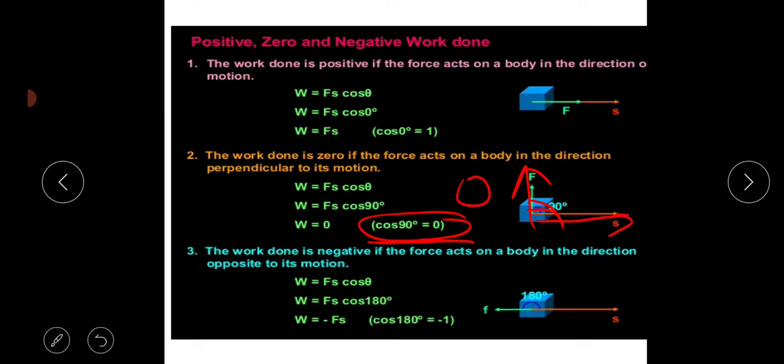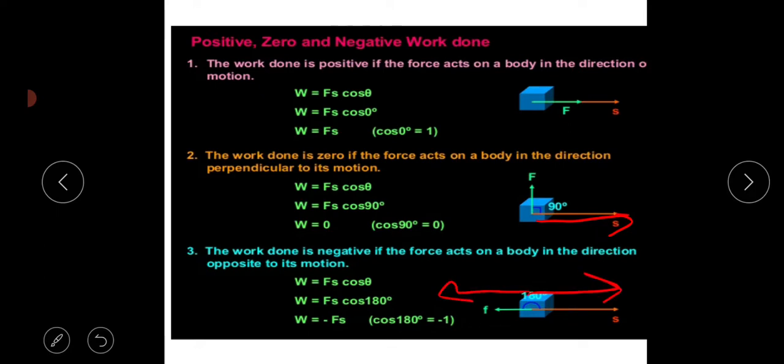Next, work done is negative if the force acts on the body in the direction opposite to the direction of its motion. If the body is moving in this direction and force is applied in the opposite direction, then the work done will always be negative, as there is an angle of 180 degrees and cos 180 is equal to minus 1. So W is equal to minus F into S.